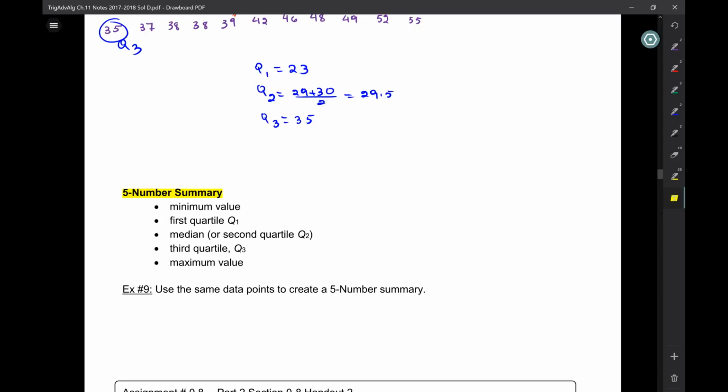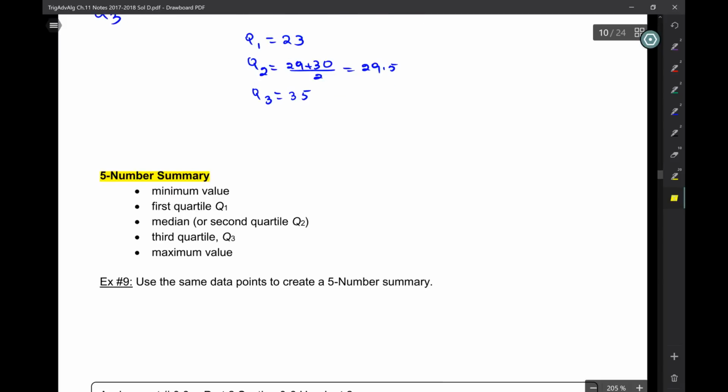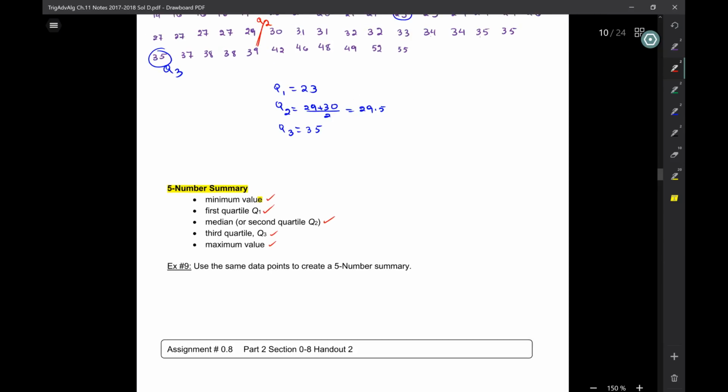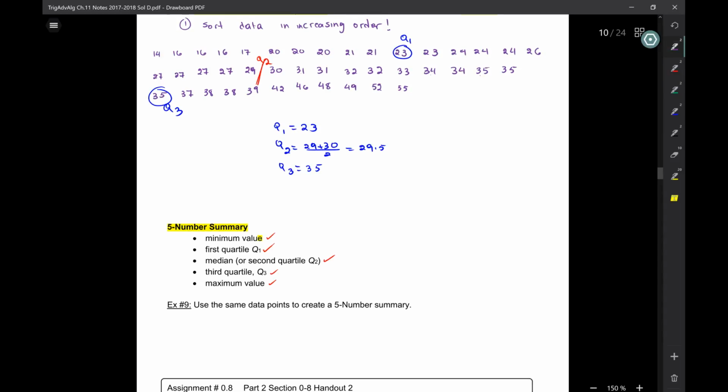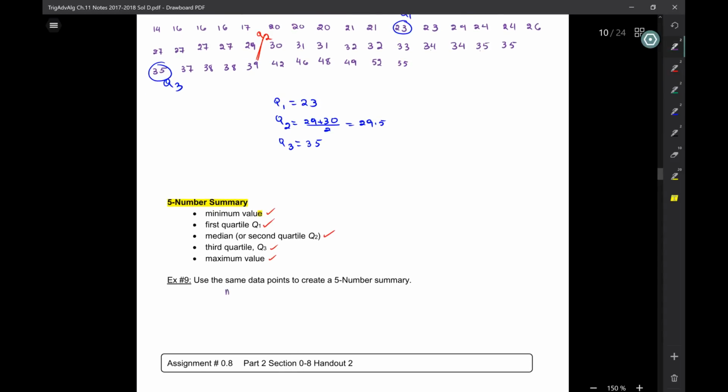And you have to know that the 5 numbers are the minimum value, Q1, Q2, Q3, maximum value. Okay? So here, the 5-number summary is minimum 14, Q1 is 23, Q2 is 29.5.